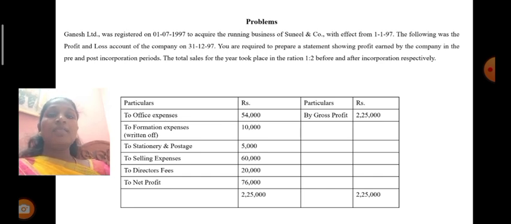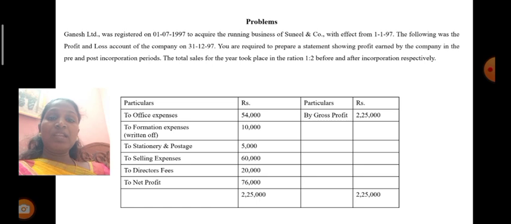The business started its journey on 1st January, and it got the registration certificate on 1-7-97. So the two dates and the year ending date, 31st December 1997, are the three dates to be taken.